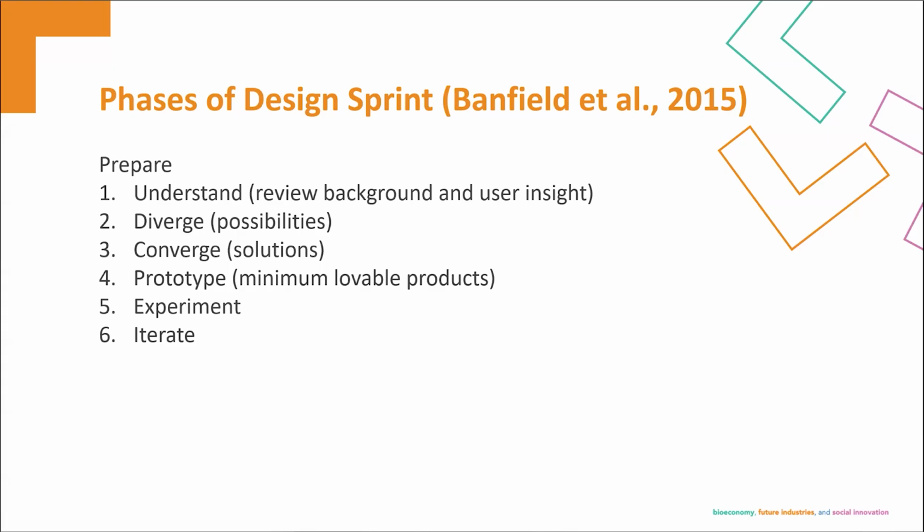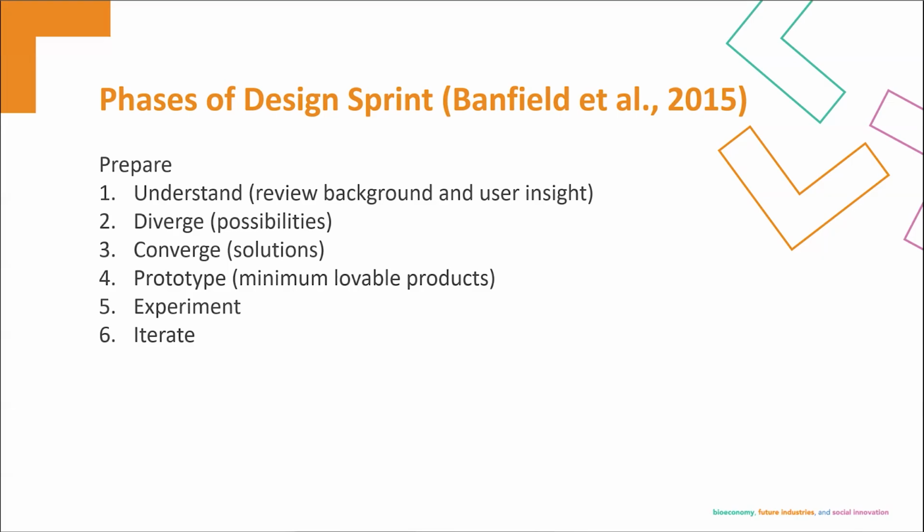In here, we have the preparation phase, where we already can know what the task is going to be, but the task is not yet given to us. Then, after we've received the task, we have the understanding phase: reviewing background, building up the team, building up user insight. Then we have the diverge phase, building the possibilities, and the converge phase, the solution creation.